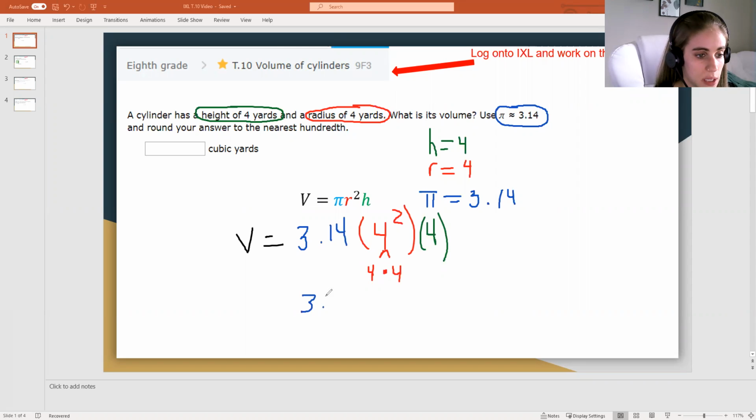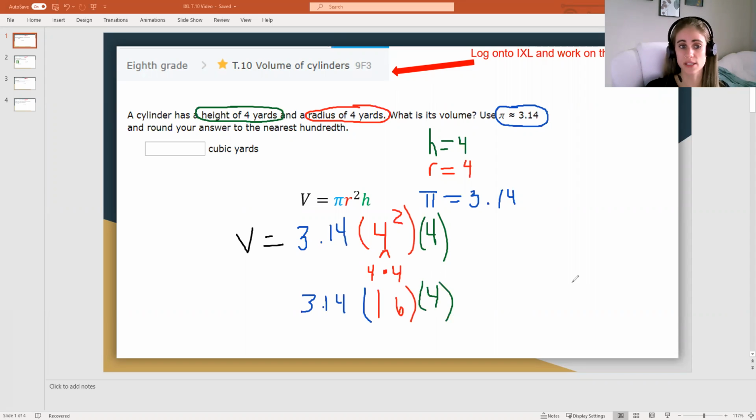All right. Let's bring everything else down. We have 3 and 1/400ths times 4 times 4, which is 16. And then that is multiplied by 4. All right, once you get to this step, it is all multiplication.